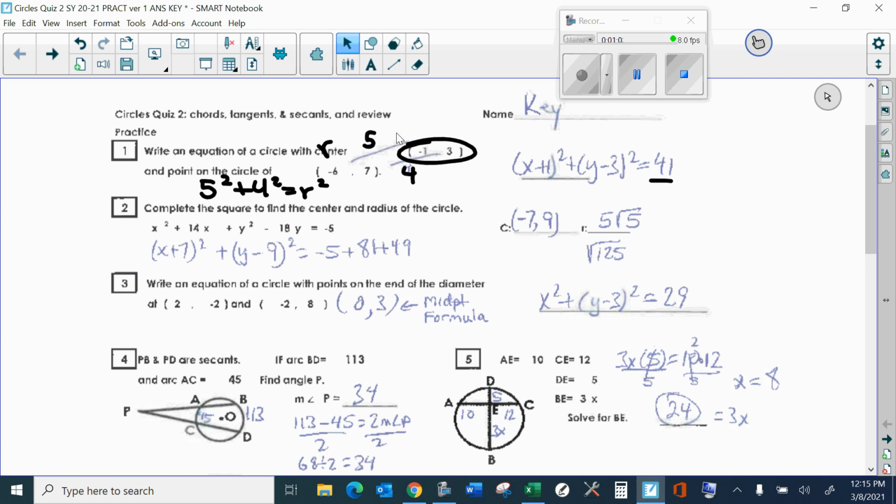All right, complete the square to find the center and the radius. I just showed you a shortcut. Okay, remember this is always half of b right here. So half of positive 14 is positive 7. Half of negative 18 is negative 9. And then what I really added to it that's not there is the 49 when I square the 7, and negative 9 squared is 81.